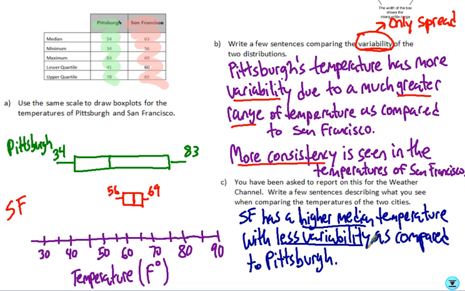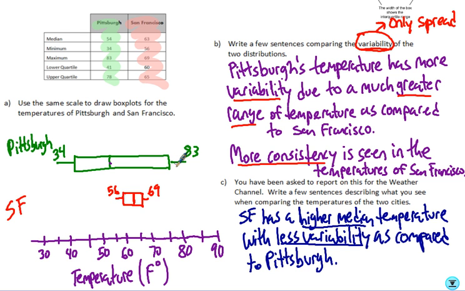What could we say about shape here? Look at San Francisco, it's pretty balanced there. So we might say that this is symmetric. Talk about which way is this one? The distance from the median to the left whisker, median to the highest, it's a little more stretched out this direction.